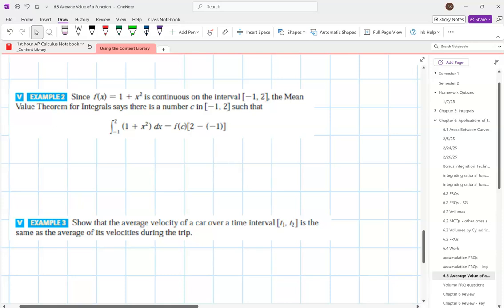So here it says that since f of x equals 1 plus x squared is continuous on our interval, the mean value theorem says there's a number c on that interval such that the integral is equal to f of c times b minus a. So to find that c, what can we do?